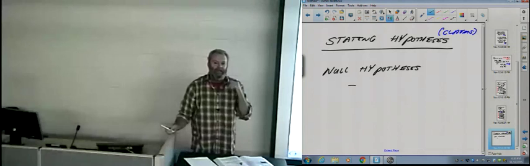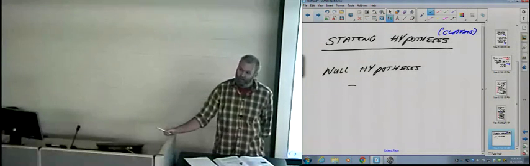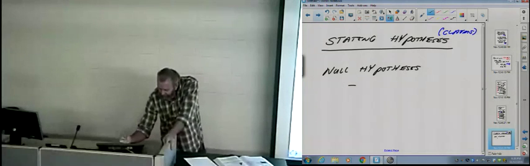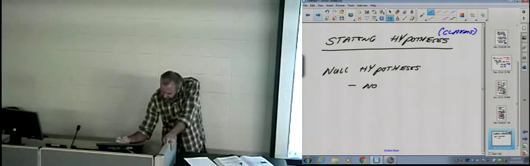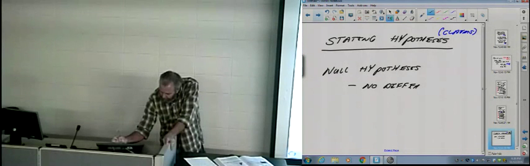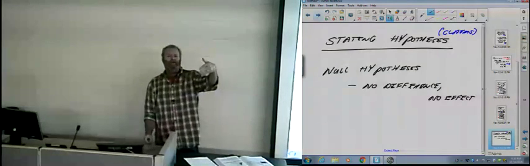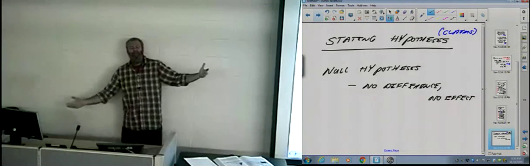I'm going to give you a list of things I think about with the null hypothesis. This is the claim of no difference, no effect. Things are the status quo. Nothing has changed.